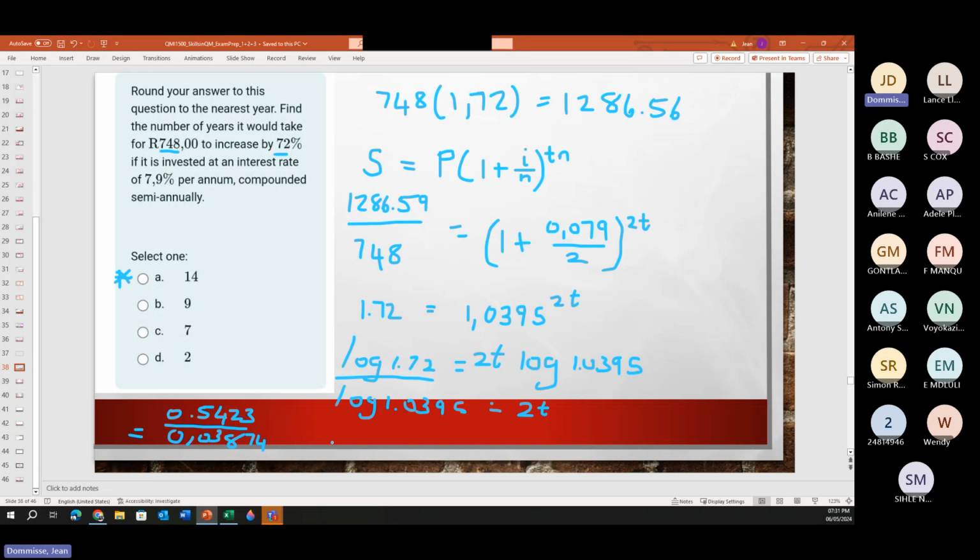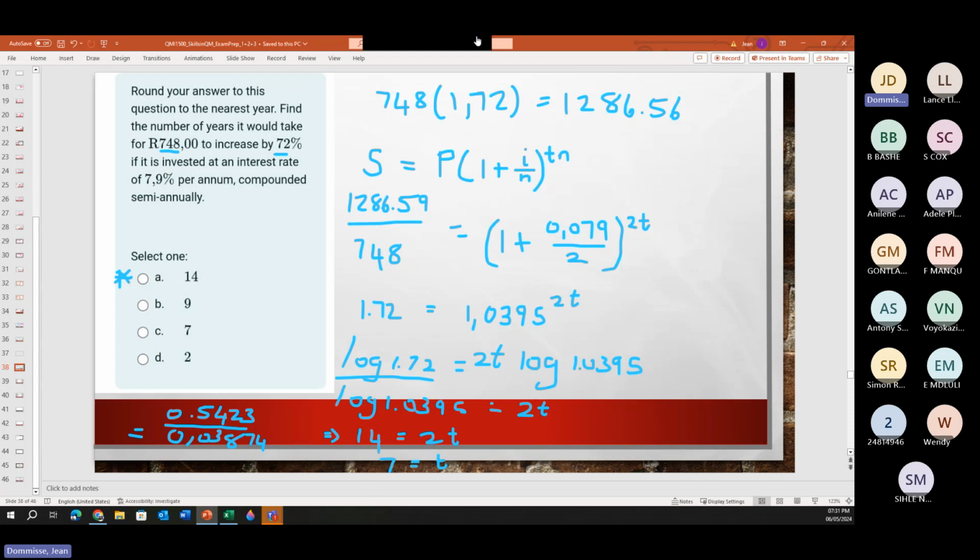Okay, so that tells me that is equal to 14. So I originally also got 14, but t is equal to 7.